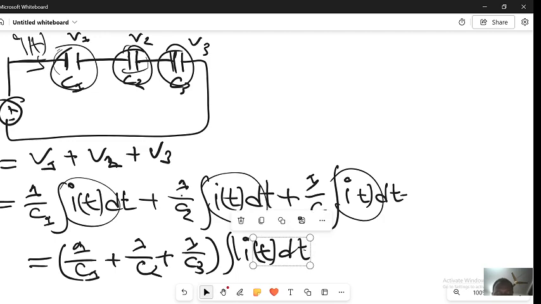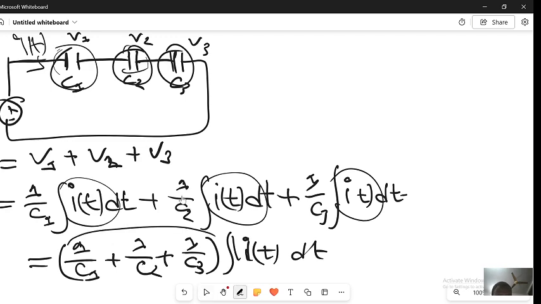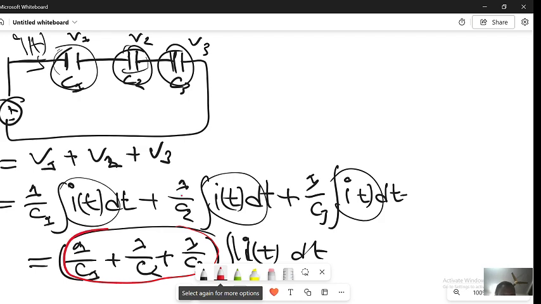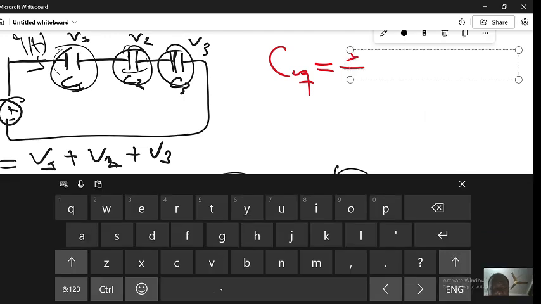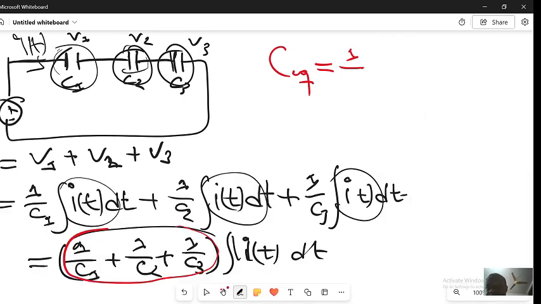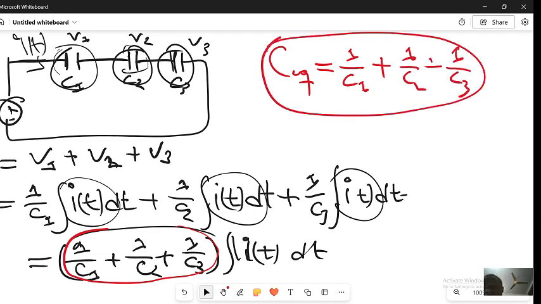Now we can directly see that this one is going to be the equivalent capacitor. The equivalent capacitor is going to be 1 by C1 plus 1 by C2 plus 1 by C3 when they are in series.